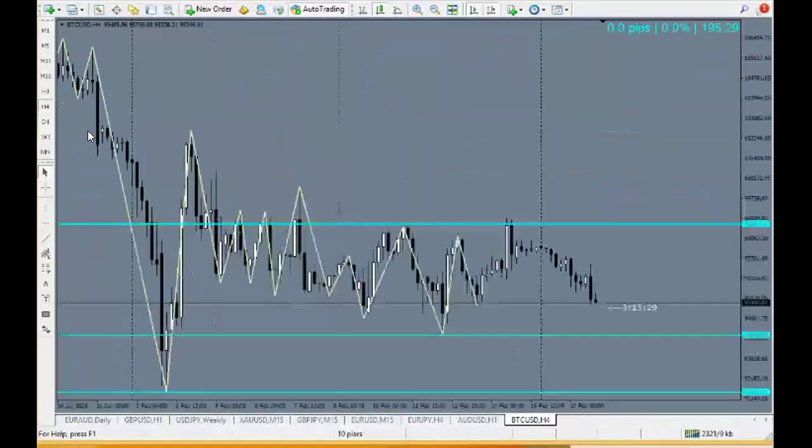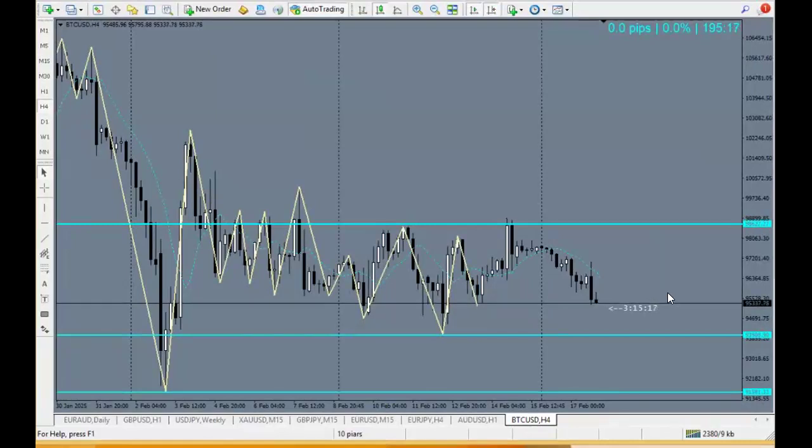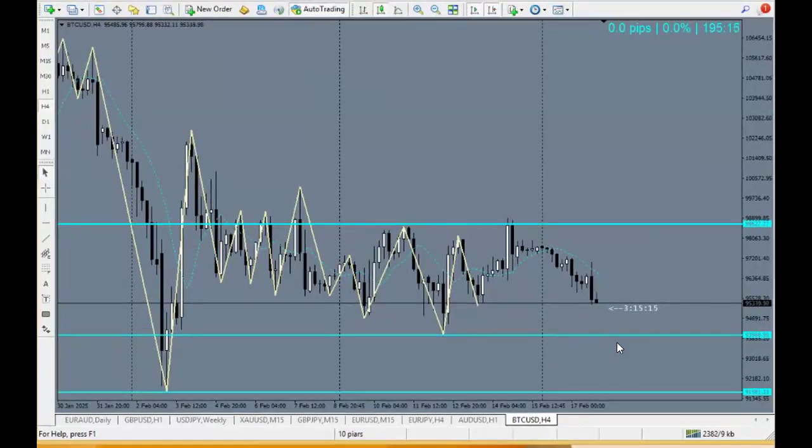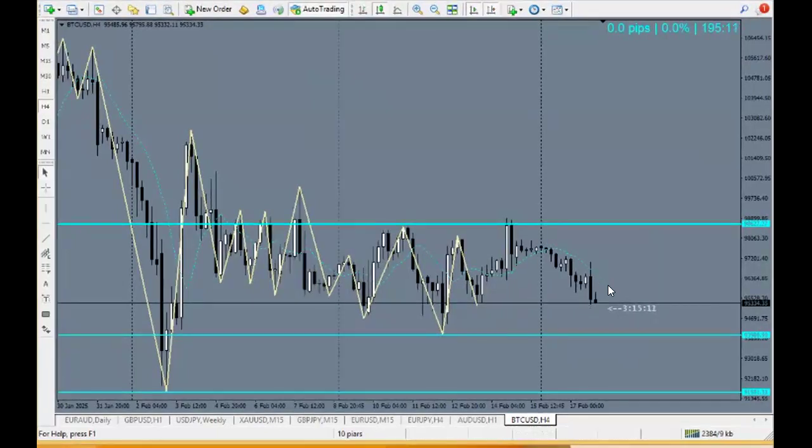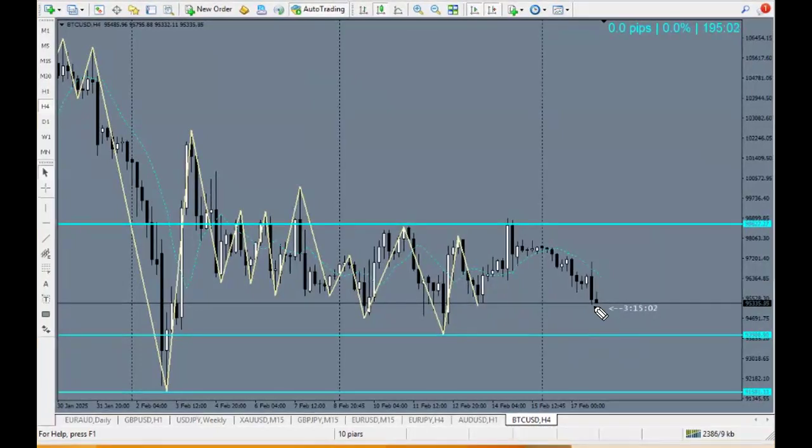If we go to the 4-hour chart, we can see that we're very bearish at the moment. Very bearish. The only time I will be bullish is when we break the last bearish candle.